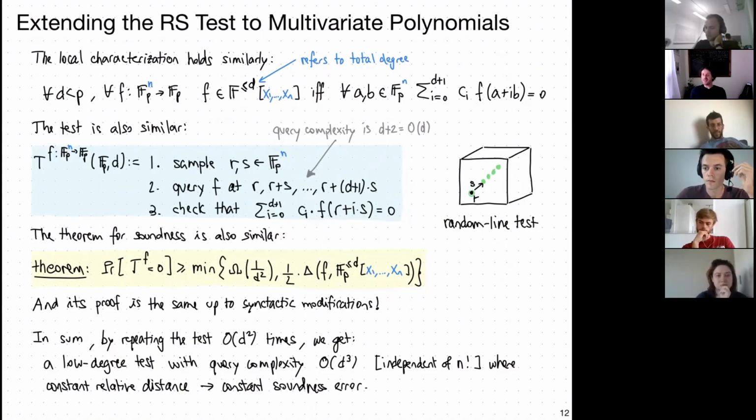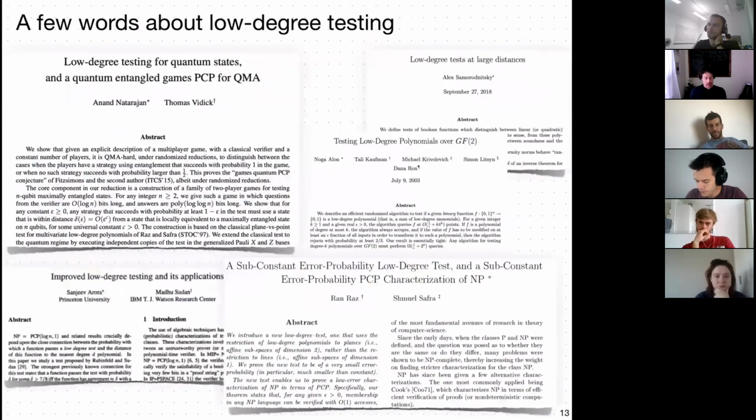Okay, so it seems that we managed to survive through all these calculations and heap of notation, and hopefully you got some nice ideas from it. I wanted to conclude by saying that low-degree testing is not just a nice paper from '96, but rather a very active field of research to this day.